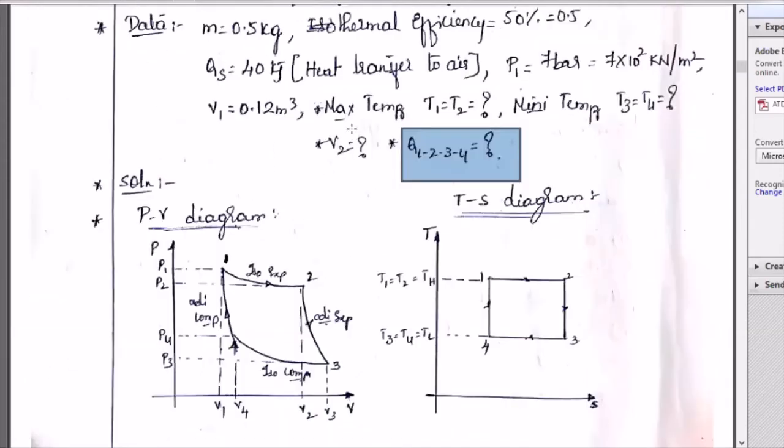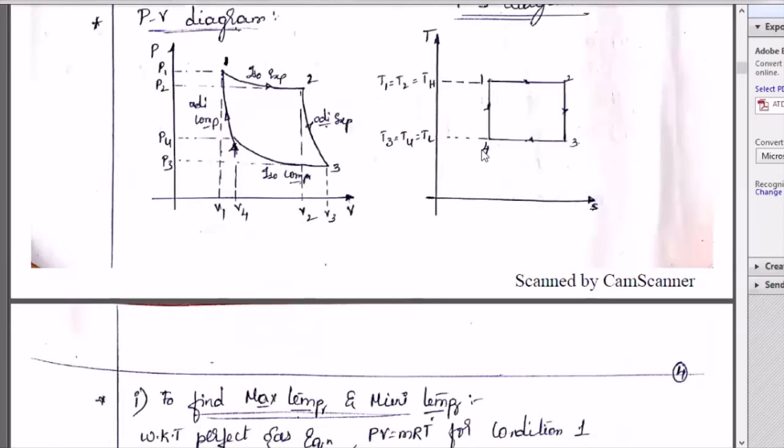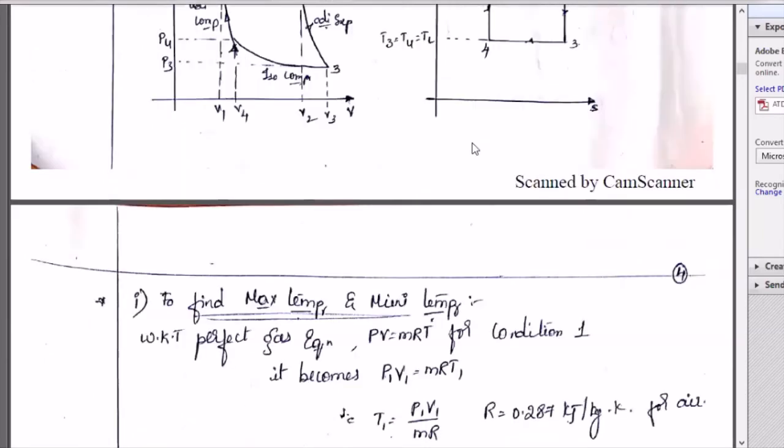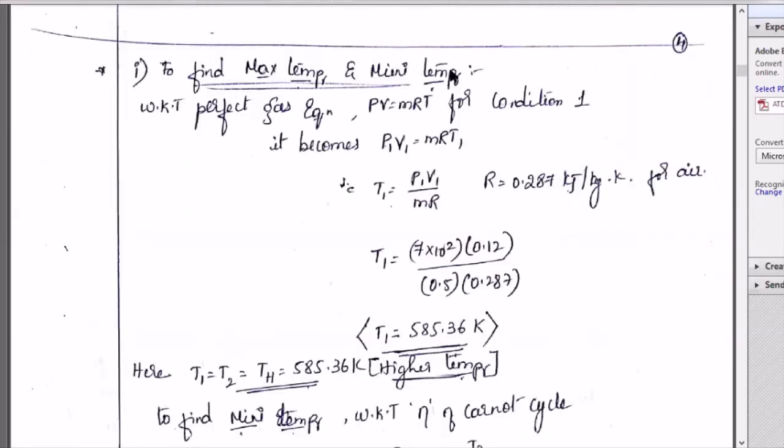What do we have to find out at the beginning? I have to find the maximum temperature T1 and the minimum temperature T3. So how do you find them? We can find it very easily. To find maximum temperature and minimum temperature, usually you have to glance at the formulas you have.